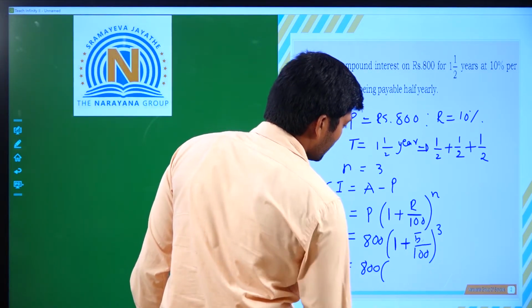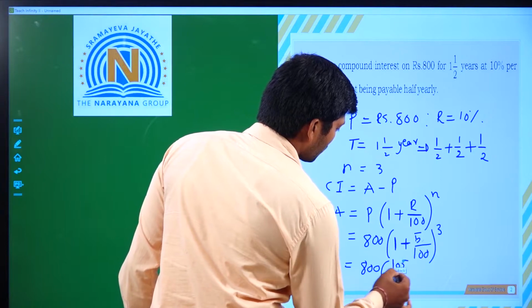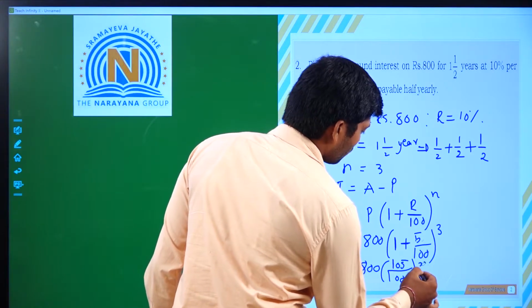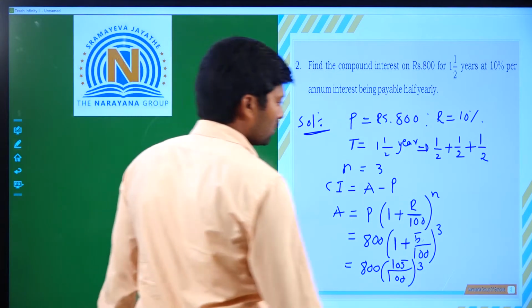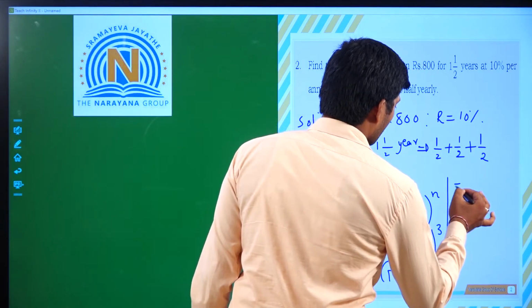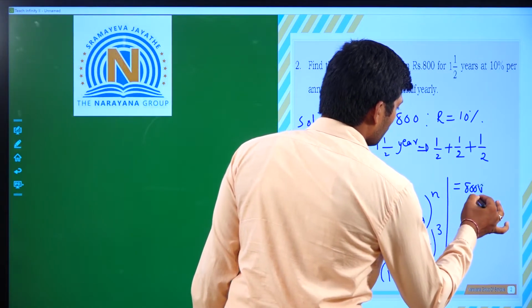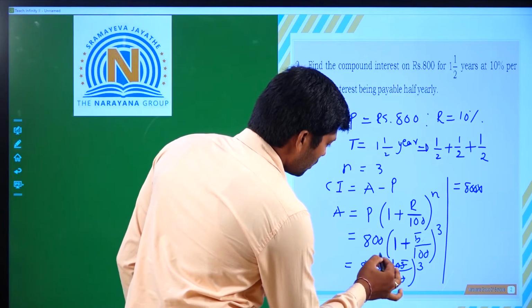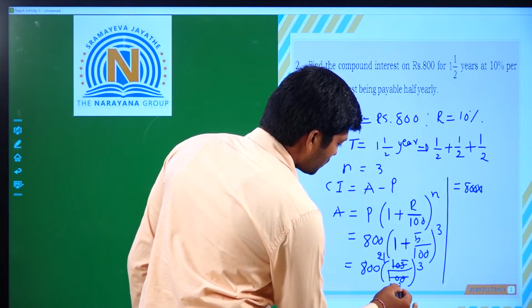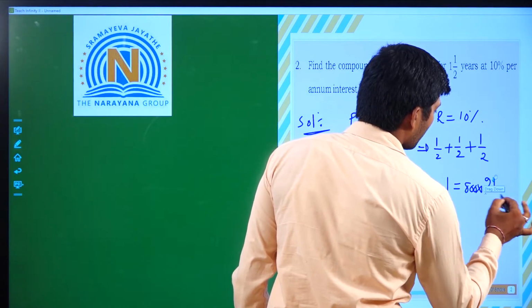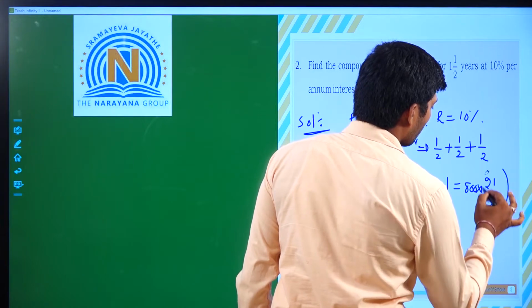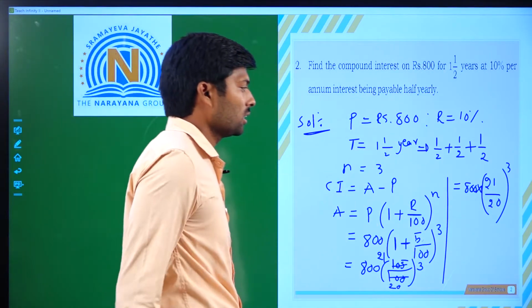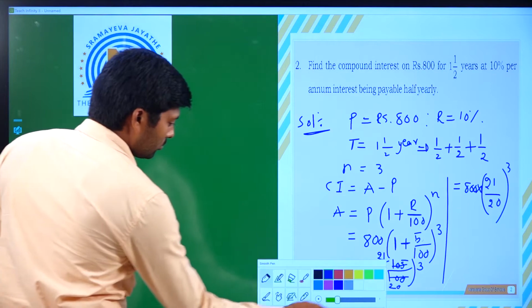800 into 105 by 100 whole to the power of 3. Any cancellation here, it is 21 times and 20 times. This can be written as 21 by 20 whole to the power of 3. Just write like this.